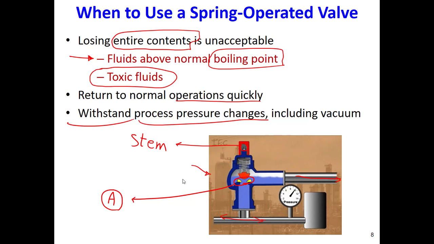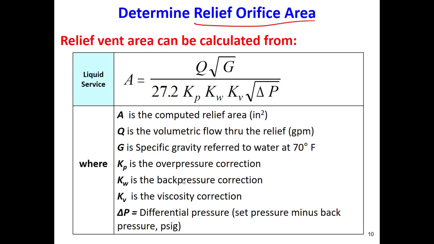There are a few equations that can be used to calculate that area, which I'm going to show you. First of all, for each system, whether liquid, gas, vapor or steam, we have different equations. For liquid service, this is the equation that is used by most engineers.